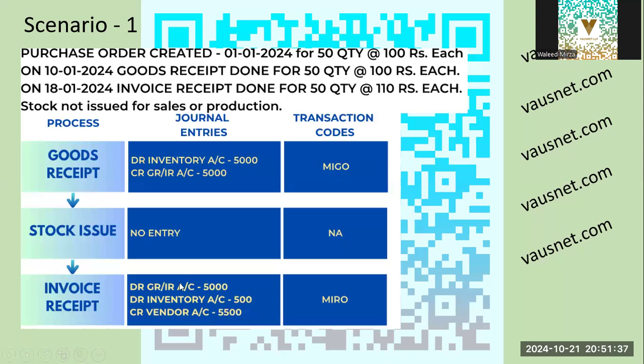It will take the place of the GRIR account, so this is knocked out. For knocking out, it will be an open item. The rest of the invoice will be absorbed in the inventory account by 500. The vendor will have a credit of 5,500.